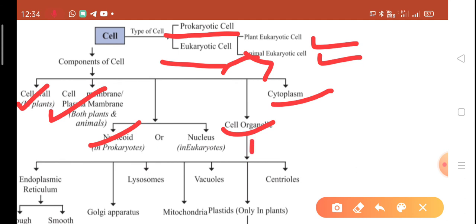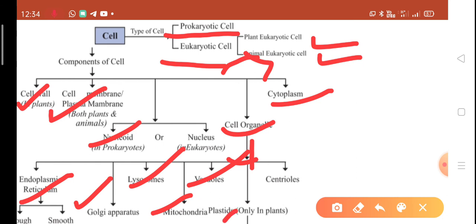And the cell organelles consist of endoplasmic reticulum, Golgi apparatus, lysosome, mitochondria, vacuoles, plastid. Plastid is found only in plants, not in animals, and centrosome. Okay, so these components are found in the cell.